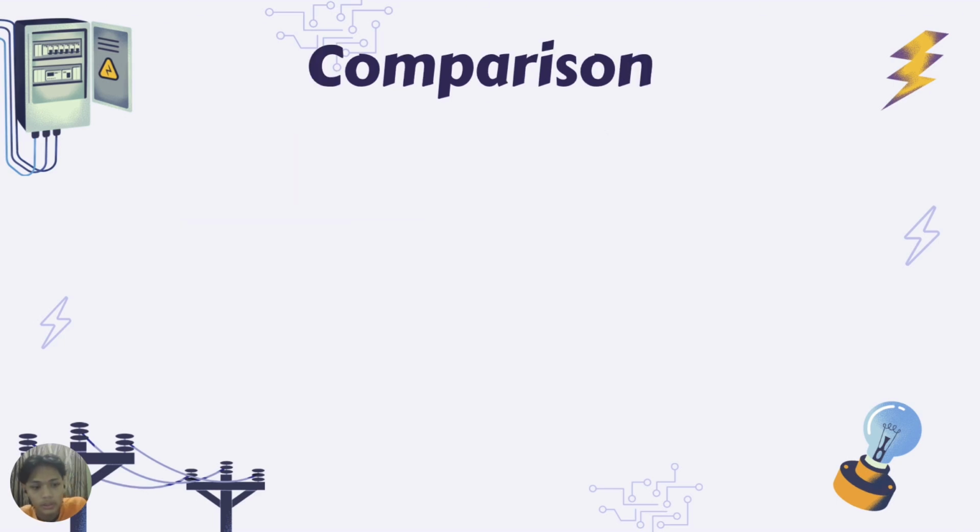So for the comparison, we compare method PSO and method SQP. This table shows the comparison between the two methods. We can see here that for speed, the SQP method is much faster than the PSO method.